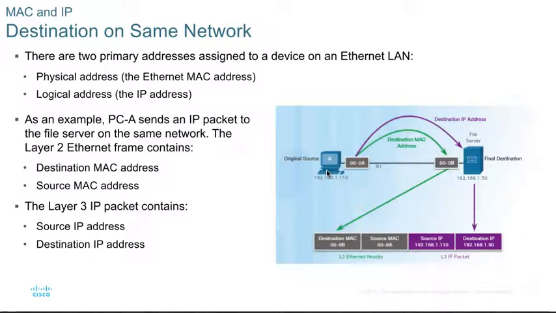ARP is an address resolution protocol that resolves an IP to a MAC address. Once the computer knows the destination MAC address and its own MAC address, and it knows its own IP address and the destination IP address, only then does it forward that query to the server.